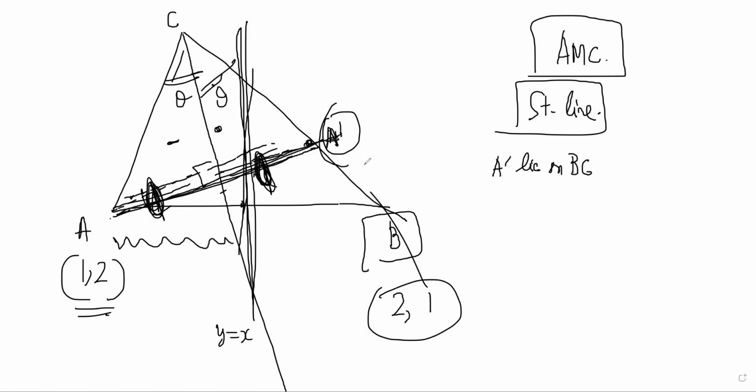Even without assuming that this is equal to this, as long as this is 90 and this is theta, you know the triangles are similar and one side is common, so they are congruent. Then this is equal to this, which means A dash was the reflection of A across this line.